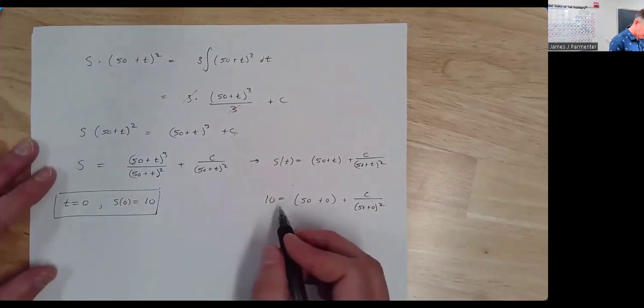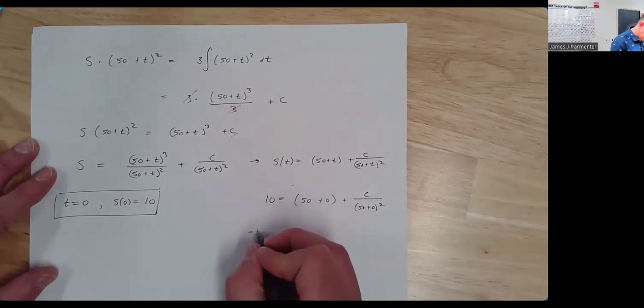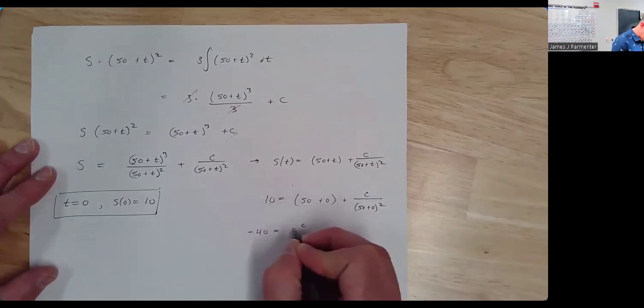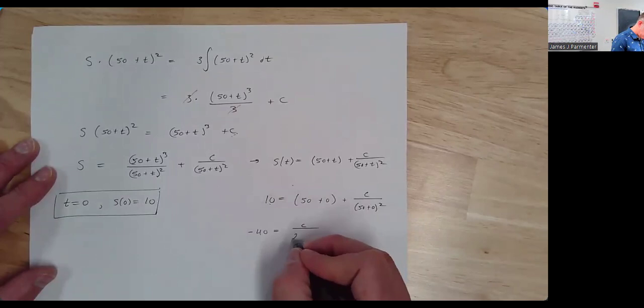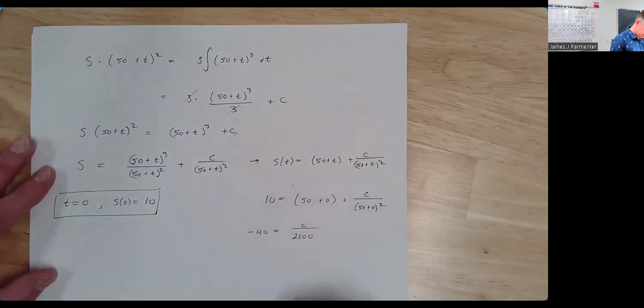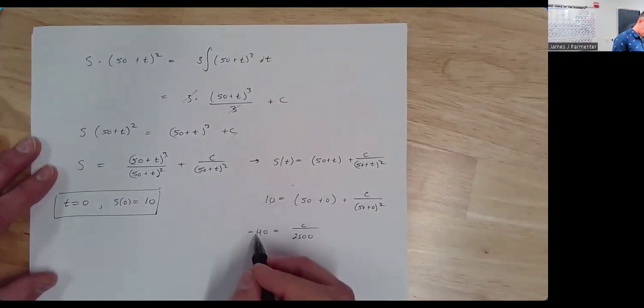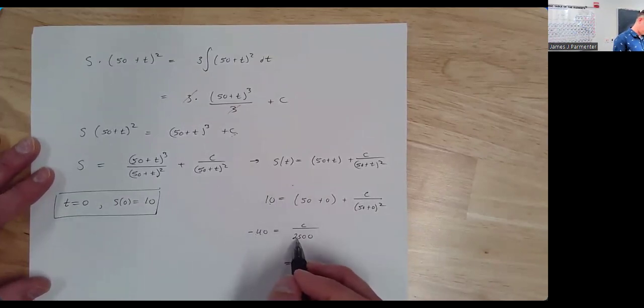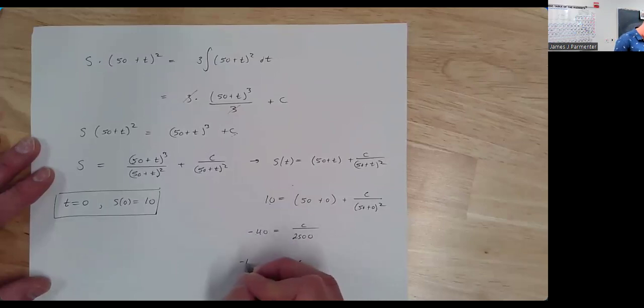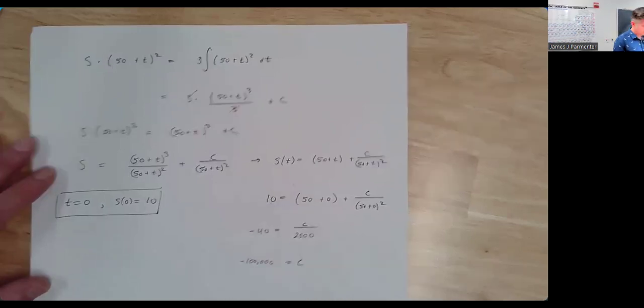It's going to be not super lovely. The 10 minus 50 is negative 40, equal to C over 50 squared, which is 2,500. So this C value is going to be quite large. It's going to be, let's see, 4 times 2,500, which is 10,000, 100,000. So C is negative 100,000. Okay, fine.